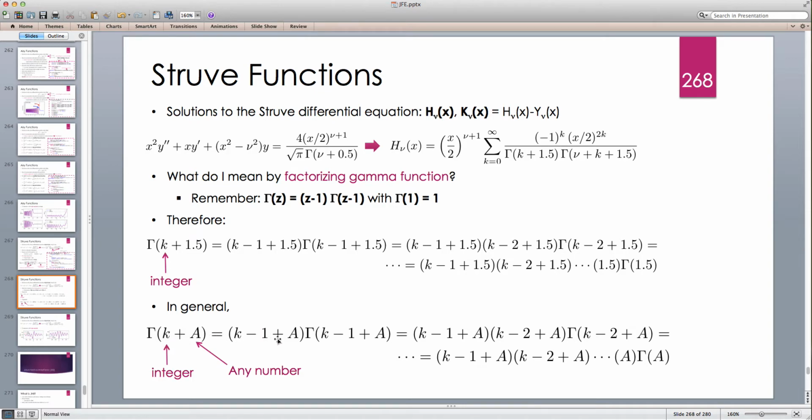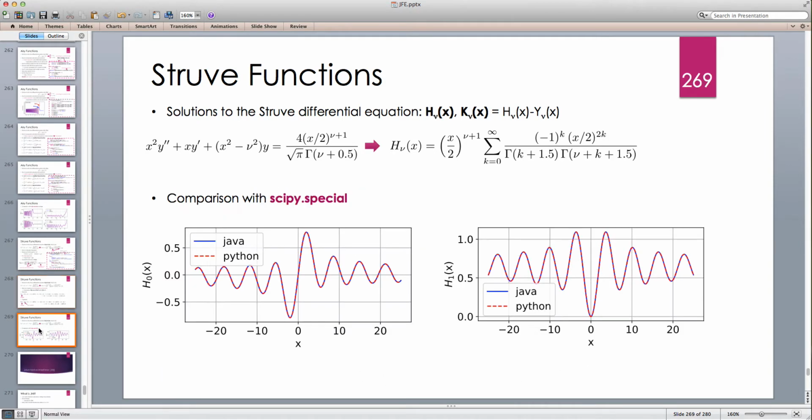It's k minus 1 plus a times gamma of k minus 1 plus a, then k minus 2 plus a times gamma of k minus 2 plus a, and eventually we end up with a sequence of multiplications that leads to a times gamma a, because k is completely gone. Now we can factor out gamma of a.